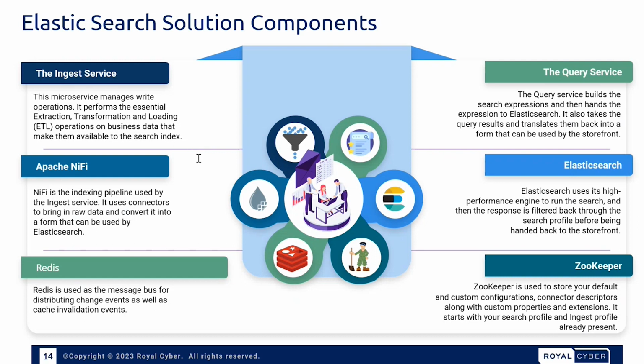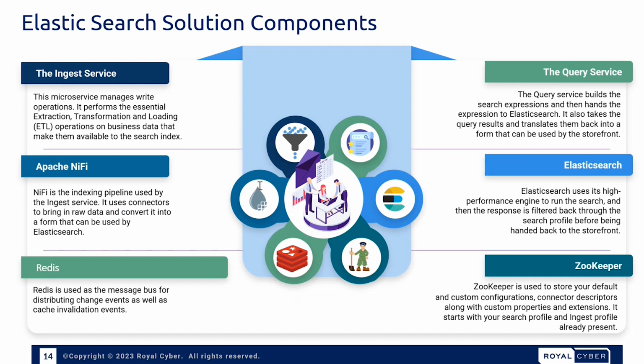Second is the query service. The query service builds the search expression and then hands the expression to Elasticsearch. It also takes the query results and translates them back to a form that can be understood by the storefront. The storefront does not need to know that the response was generated by Elasticsearch rather than Solr. Apache NiFi.